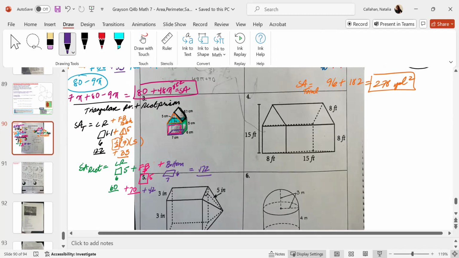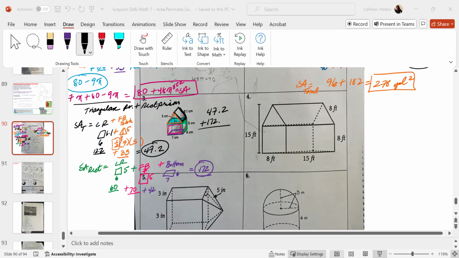Okay, now that we have these 2, correct? We're going to add them together. Oh, you know what? Here, I forgot to add this together. So this is going to be 47.2. So 47.2 plus 172, add them together. 47.2 is the triangular prism, correct?